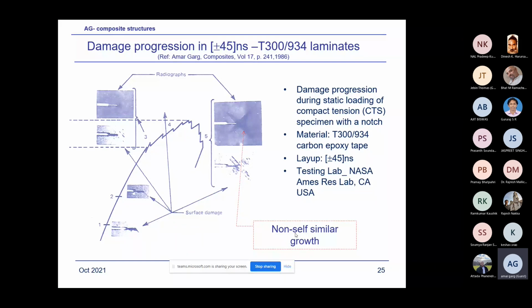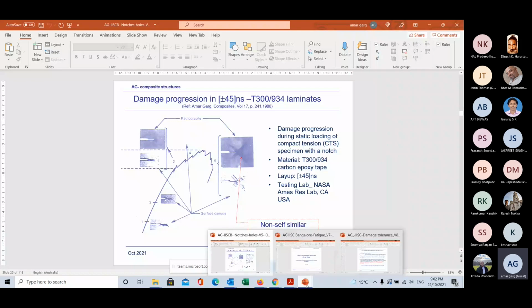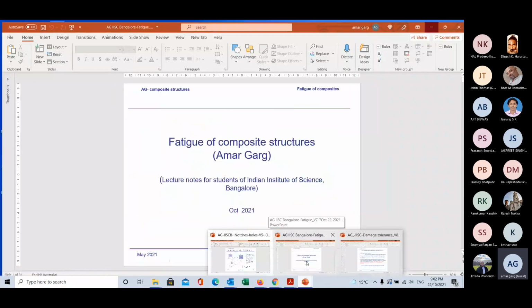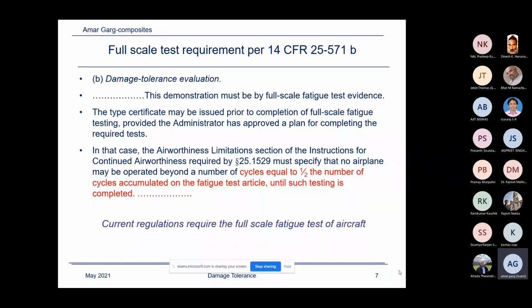Even the damage tolerance, most of the part I have covered already during the certification lecture. So I'll skip lots of slides from that presentation and try to be quick. Fatigue, also the same thing. I would show only a few slides and not everything.